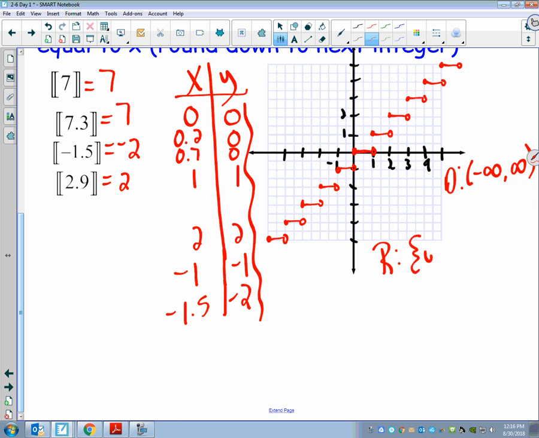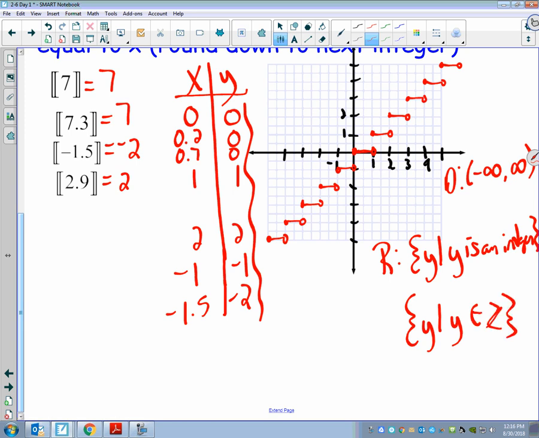So I'm going to say all y's such that y is an integer. Or if you want to be really fancy, the letter we use for integers is Z. So you say y is an element of the integers. And that means the same thing as this, but you can totally just write that it's just the integer values.